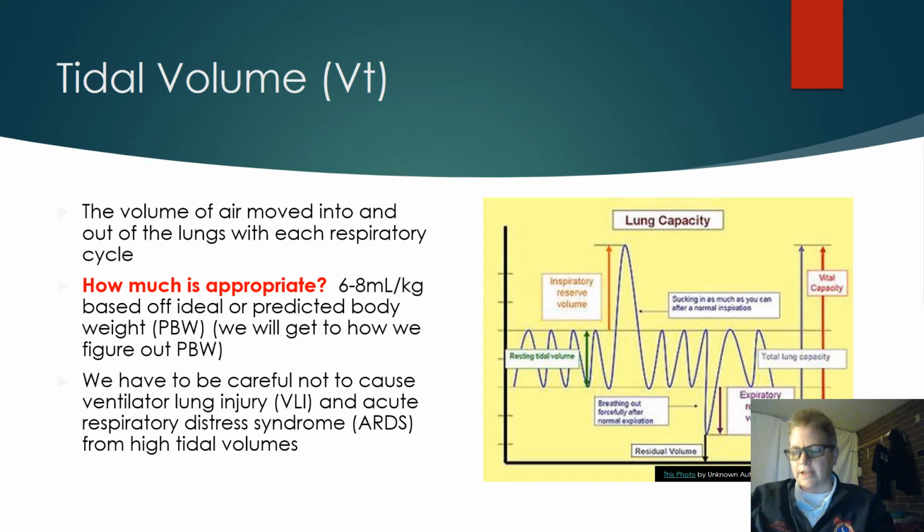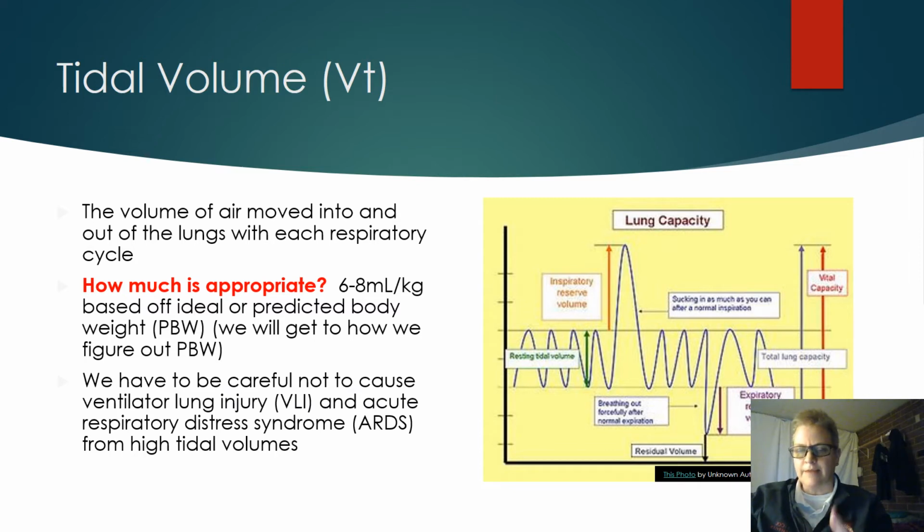There was another study they did, the ALVEOLI study, and at the end of this lecture there's a slide with some of the links to this stuff, so you guys can read it too. But they found that acute lung injury, respiratory distress syndrome, all of that can happen with sepsis.